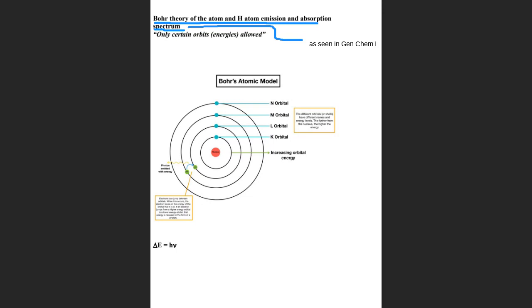you will see Bohr's atomic model, which was used to explain the fact that only certain wavelengths are absorbed and emitted. Okay, let's look at the model in particular, which are these circles halfway down the slide.